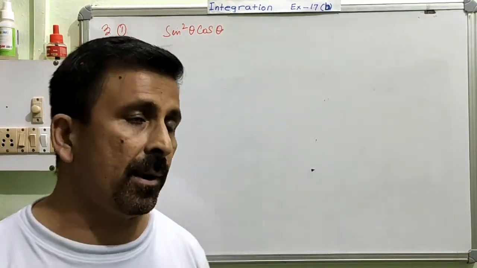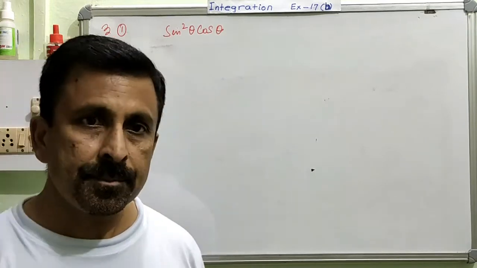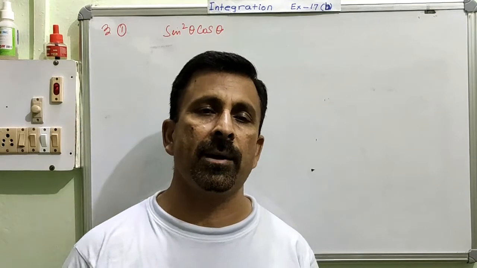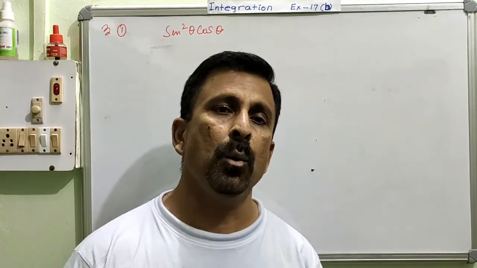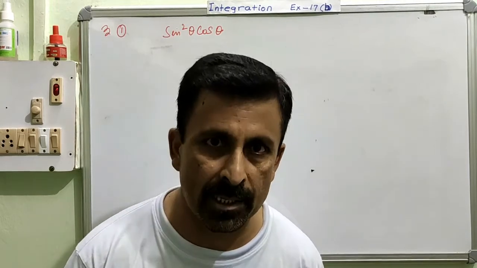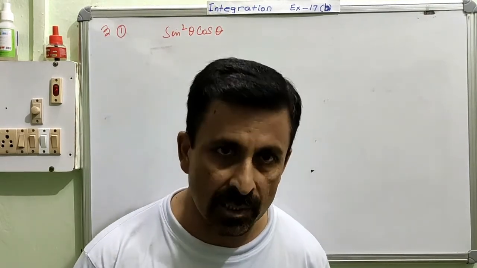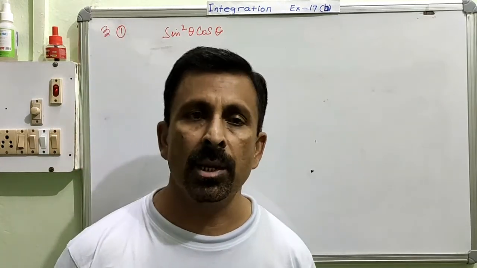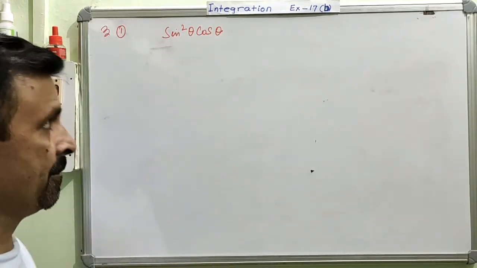We are going to learn from question number 3. Please remember, if you have your function in the form of product or quotient, then we can integrate such functions by using the substitution method. So I am going to introduce you to the substitution method, right?